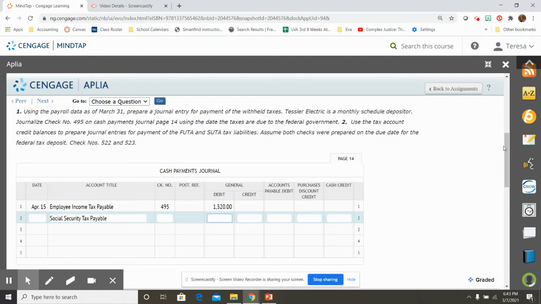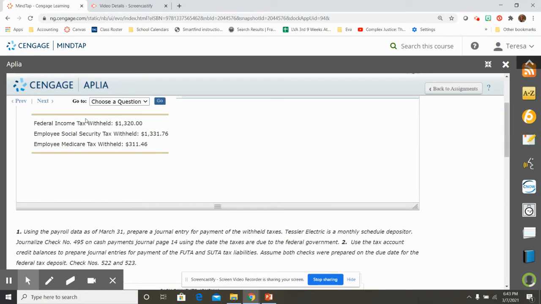The next account title is going to be Social Security tax payable. Now here, this is only telling us the employee Social Security tax withheld. So that's important for you guys to know and to use your knowledge, that understanding that both the employee and the employer are going to pay this tax. So when it just says employee Social Security tax, you need to take this number and double it.